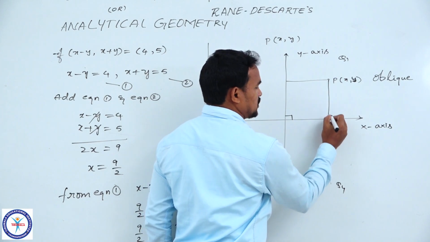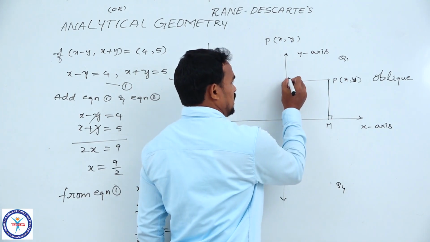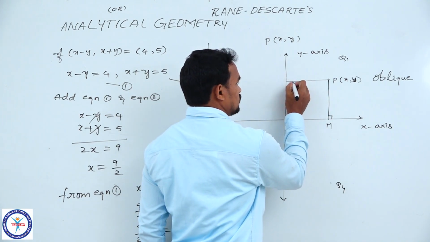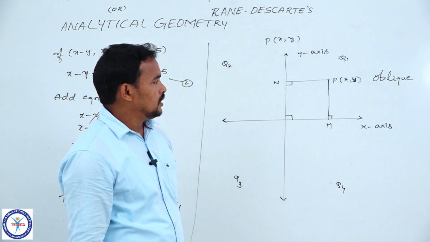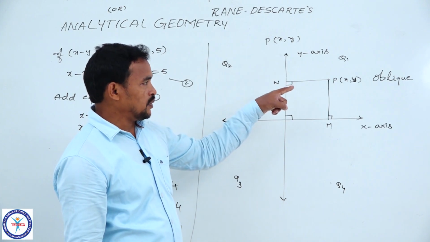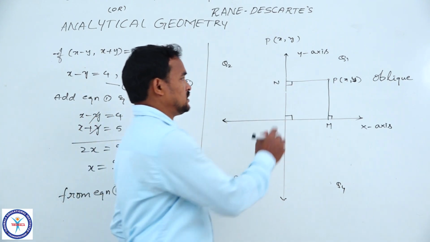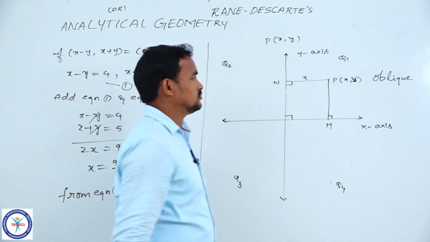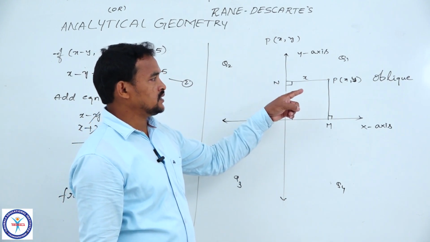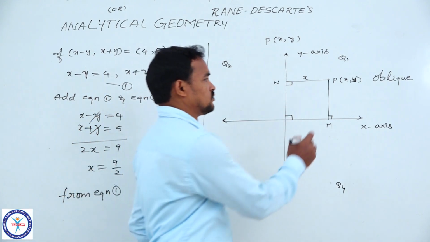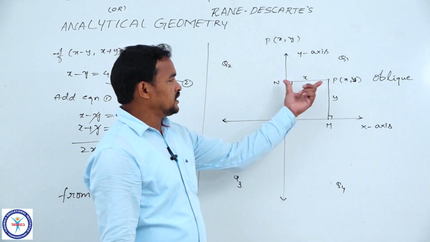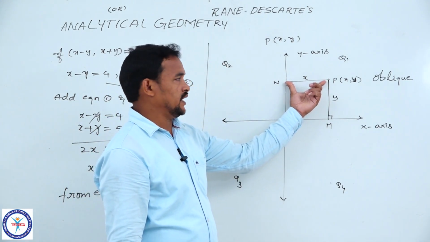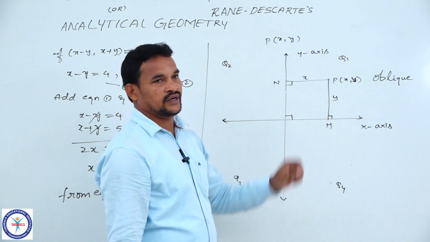Pm is perpendicular to the x-axis, Pn is perpendicular to the y-axis. The perpendicular distance from the point to the y-axis is called x. The perpendicular distance from the point to the x-axis is called y. It is nothing but the x coordinate, and the y coordinate.